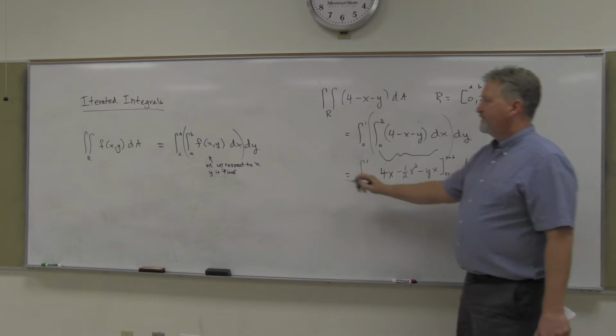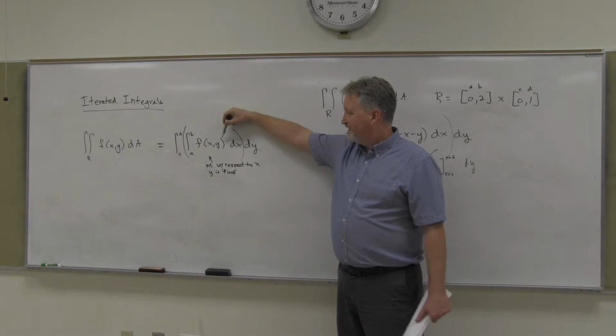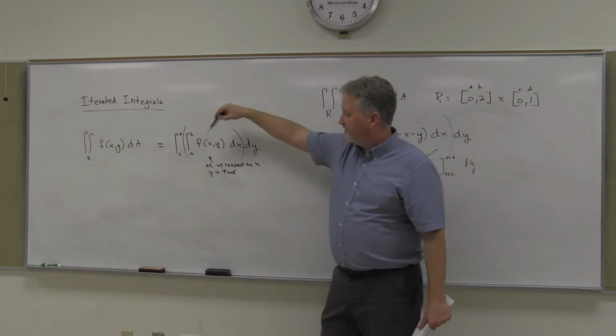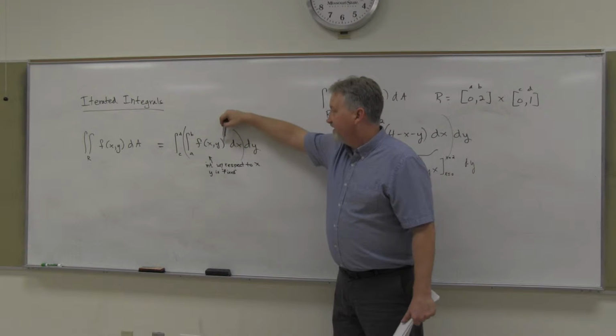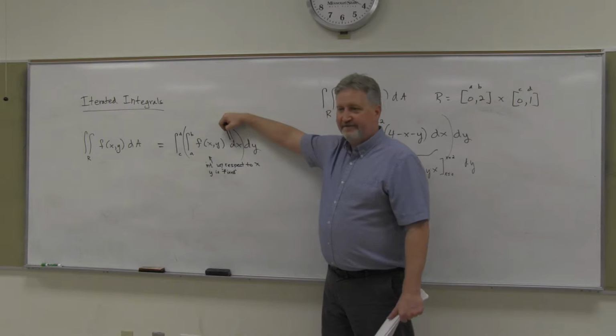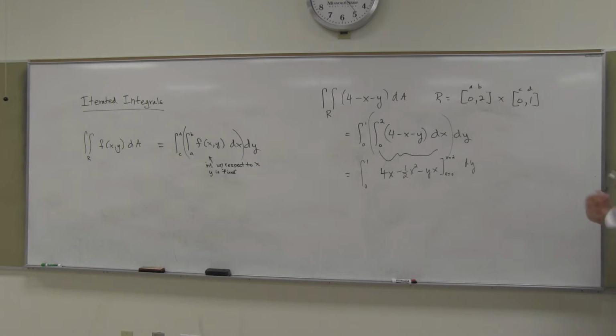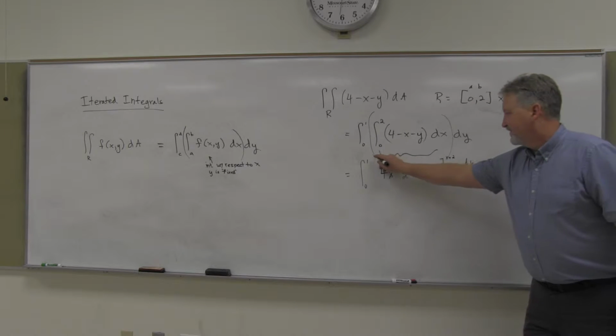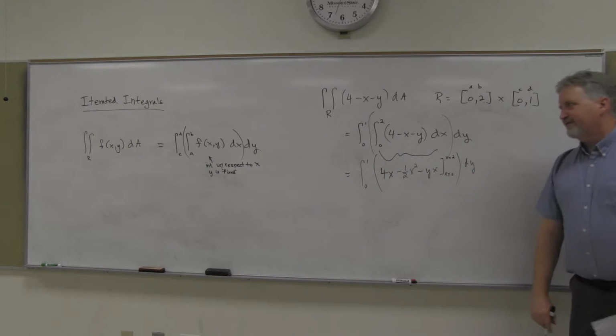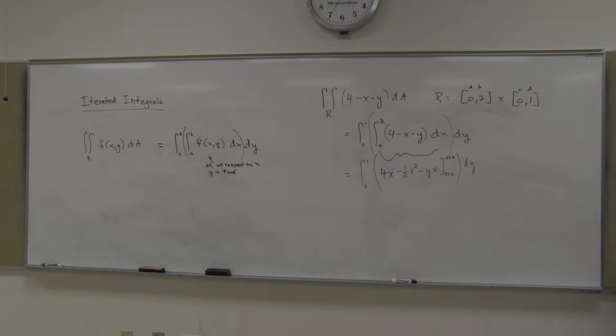So one way to interpret it is integrate with respect to x first, just like we've done in the past. Now we just have the y thrown in there too, but you get the general idea of what this means.